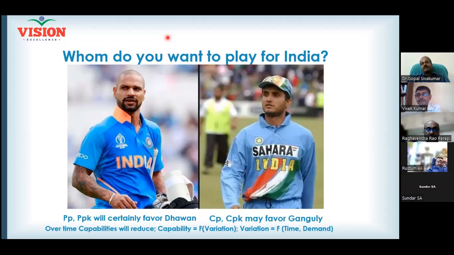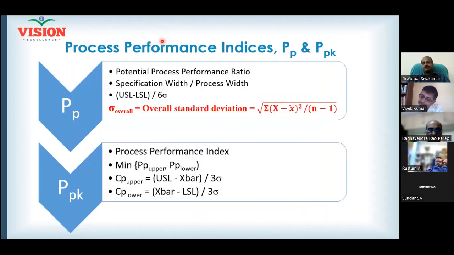Am I correct or not? Yes, sir. So CP and CPK are your short-term capability, but PP and PPK are your long-term capability, your performance indices. PP and PPK are called performance indices. So performance is more important than capability.